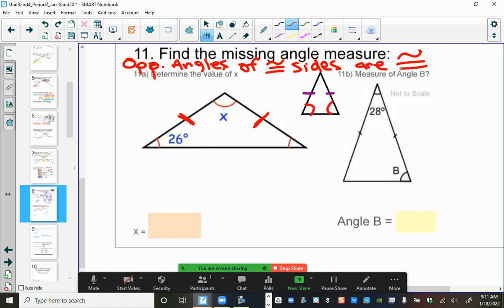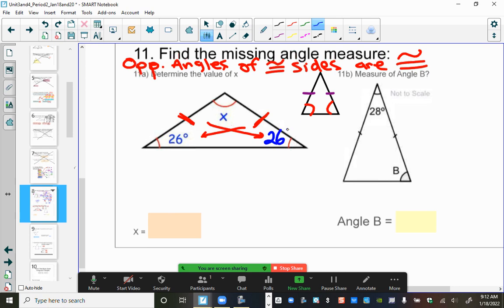So since these 2 sides are congruent, these 2 angles will also be congruent. So if this angle is 26 degrees, this angle over here must also be how many degrees? Also going to be 26.